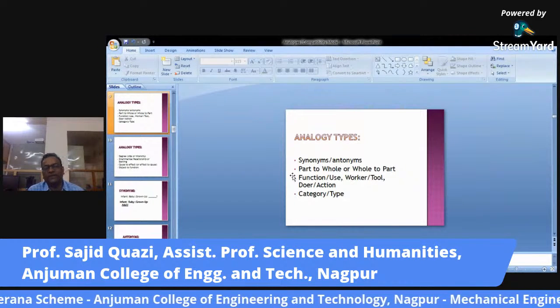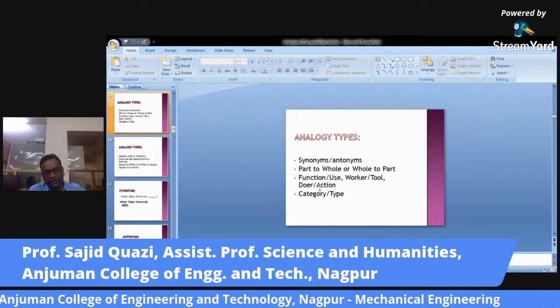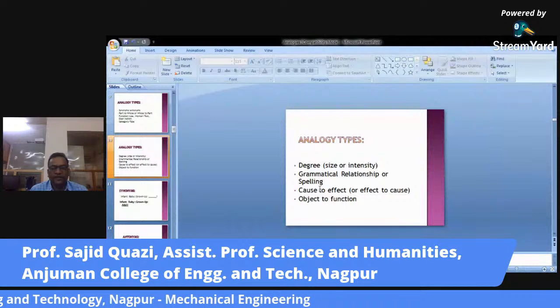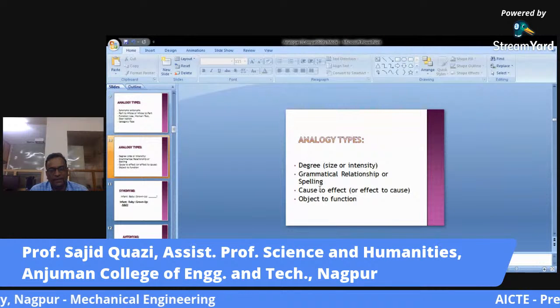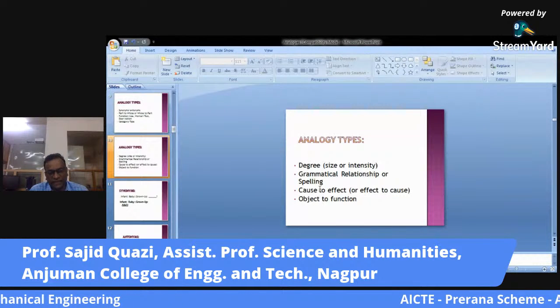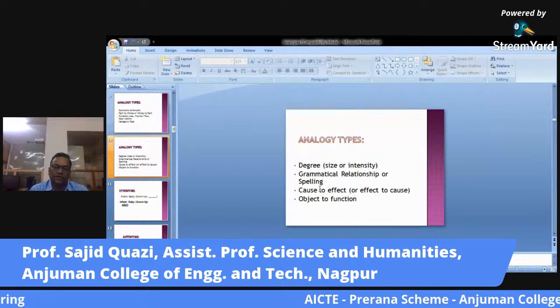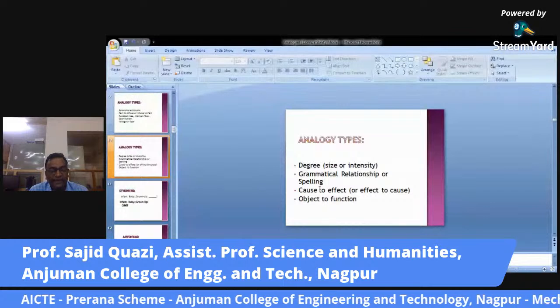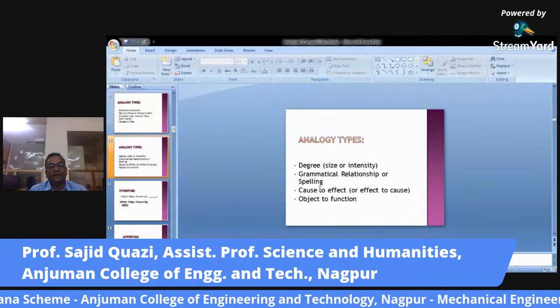These are the different category types that we will have to discuss. Degree: in degree you will have to learn size or intensity, grammatical relationship or spelling. Sometimes grammatical relationship will be added in the analogy section, which you need to understand.